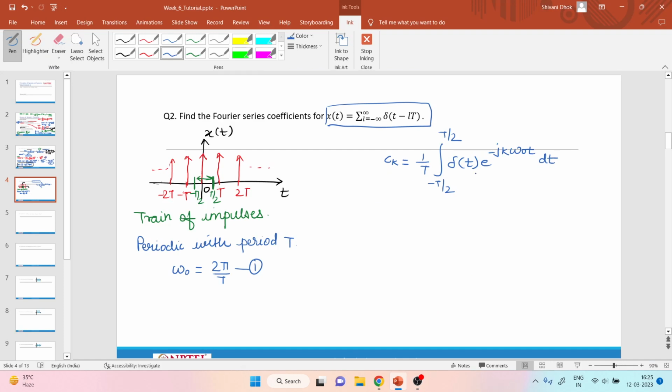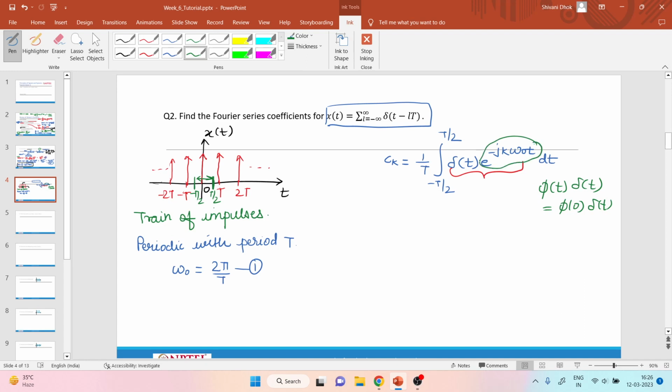Now this is a unit impulse, and we know the shifting property of unit impulse. In order to avoid confusion, let me use some other function. Let's say I have phi t into delta of t, then this becomes phi of 0 into delta t. Here my phi of t is this factor.